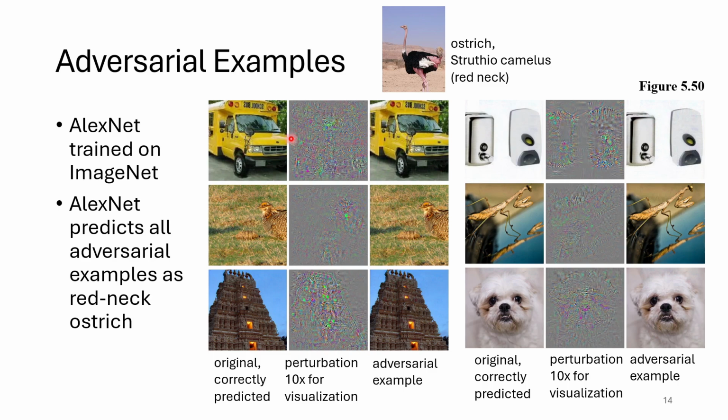However, if we add a little perturbation or differences into this image, so this is the combined image, the input image plus the alteration signals, then all of these 6 images will be recognized as an ostrich.